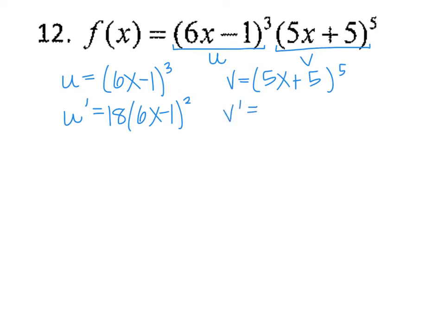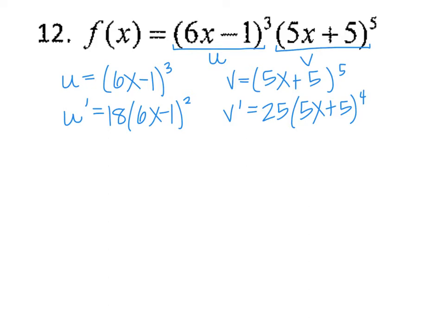Over here, I would bring the exponent down out front, so that's 5 out front. And then I would have the power of 4, going down one power, and then multiplying by the derivative of the inside, I'd have 25 times (5x plus 5) to the fourth power.